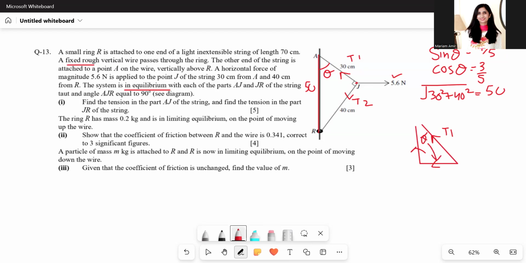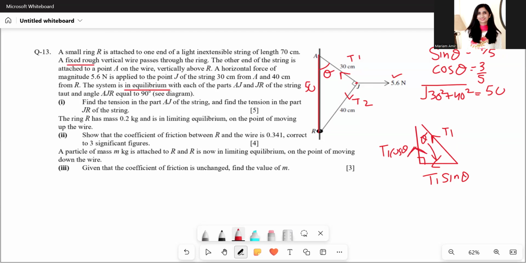Since the horizontal component is opposite to theta, it is T1 sine theta. And since the upward component is the adjacent component, it is the cos component, T1 cos theta. Instead of writing the upward component here, I can also make it here. This is J. So this is T1 sine theta, and this one is T1 cos theta.